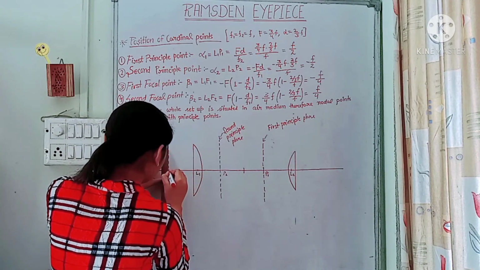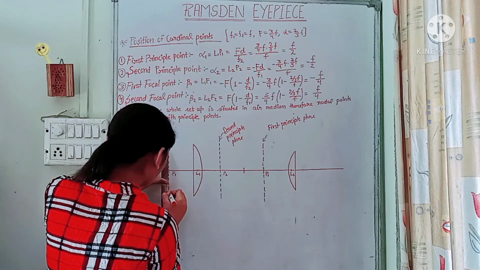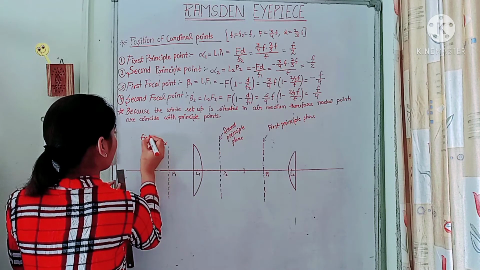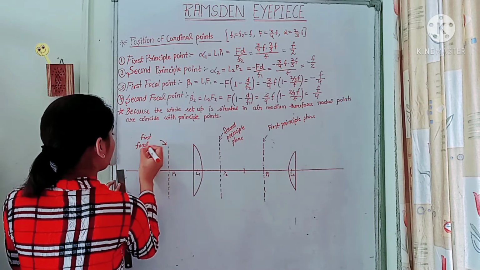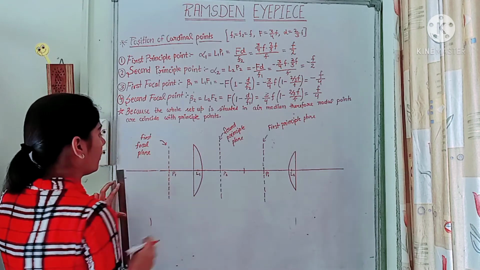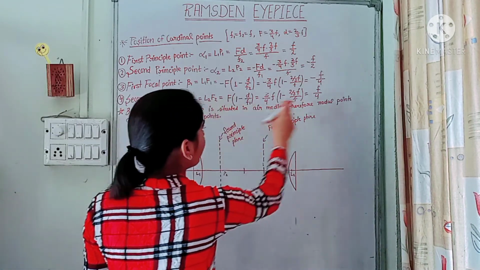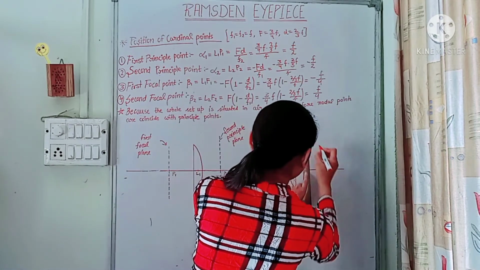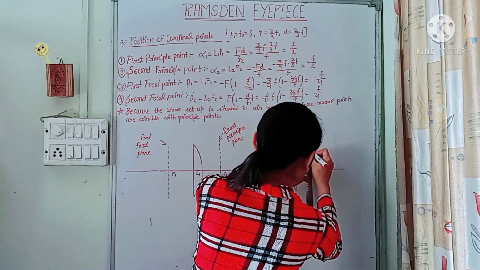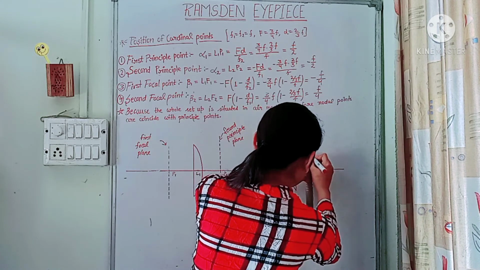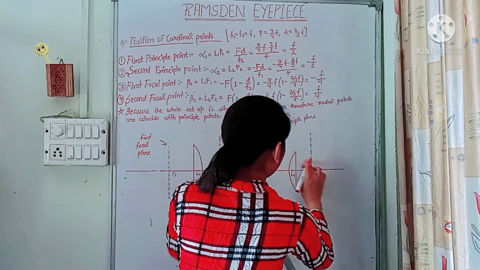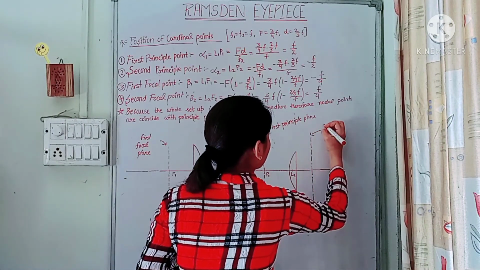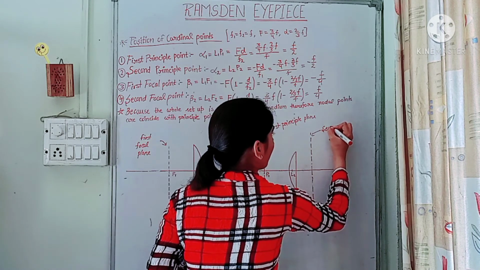And this perpendicular gives you the position of the first focal plane. And F2, F by 4 on the positive side, somewhere here. This will give you the position of the second focal plane.